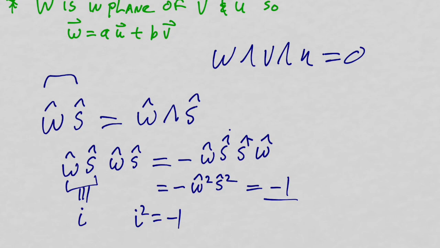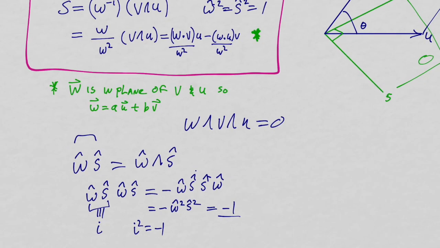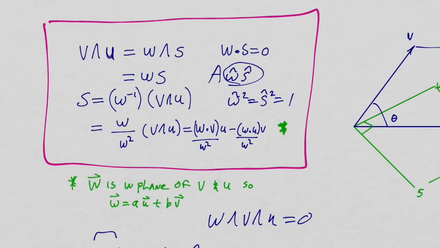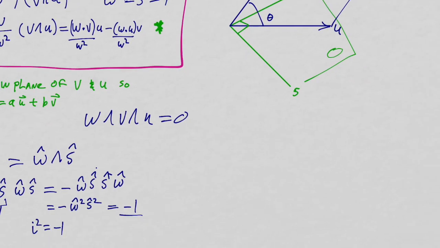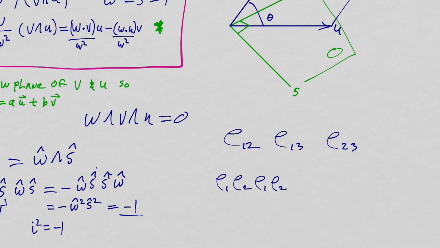And of course, this applies for the obvious planes in, say, three-dimensional geometric algebra. We have e12, e13, and e23. Each of those square to minus 1, because e1 e2 e1 e2 is minus e1 e1 e2 e2, which is minus 1. You can do this for all three of these, and you'll see that each of these square to minus 1.